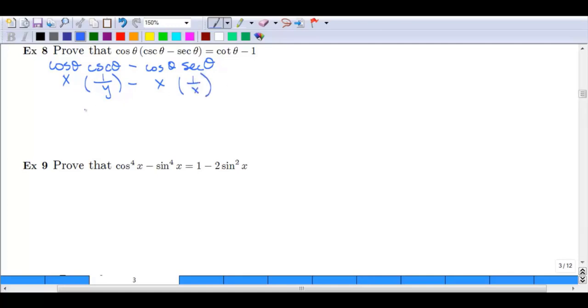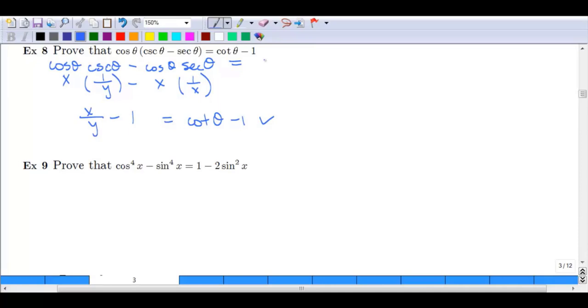So we end up with x over y minus x divided by x is 1, and x over y we know is cotangent of theta, and 1 is just 1, so that gets us to where we needed to go.